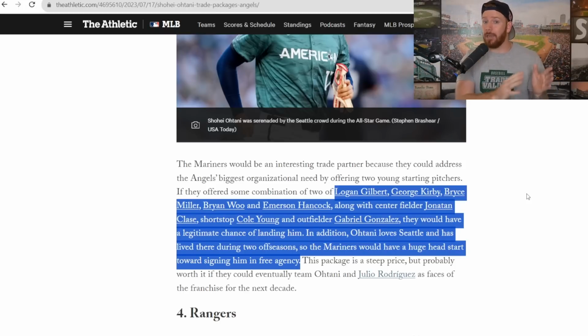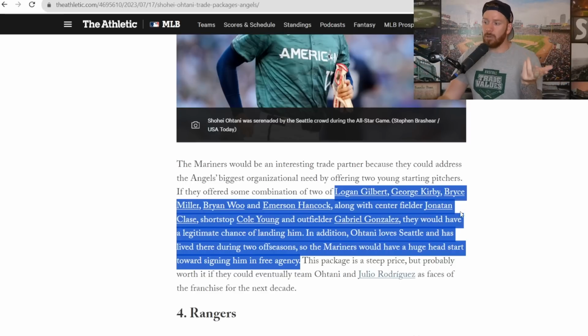I'm not saying they're better players, but they have more value considering how young they are, how good they are, how long they have until they reach free agency, and how little money they're making. So Logan Gilbert and George Kirby, to me, are completely untouchable in a situation like this. The fact that they're being mentioned here just blows my mind.